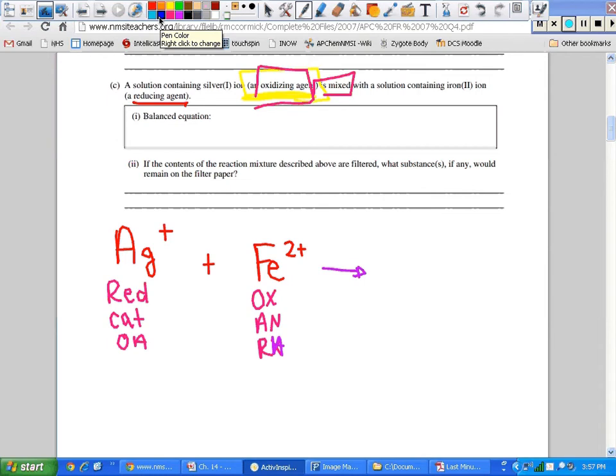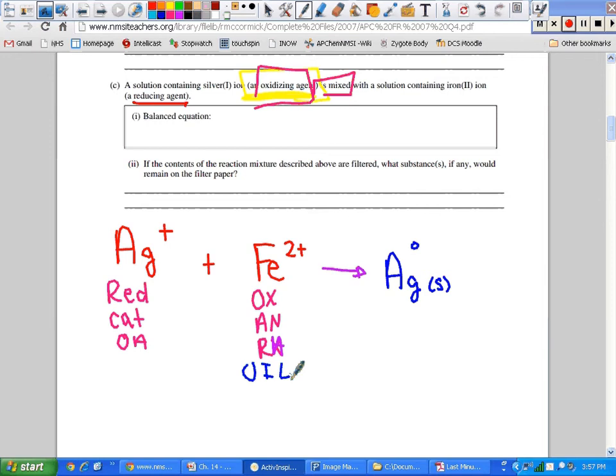Now, but here's the weird part. Iron is being oxidized. Oxidized means what happens to the charge? It increases because oxidation is a what? Oil rig. It's a loss of an electron. Well, when you lose an electron, it's got to go up. This is when your skills have to come into play. What is the only thing that iron can increase to? 3. Because iron's only possible charges are iron 2 and 3.